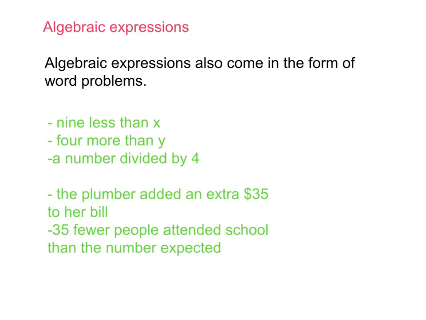I haven't been told which pronumeral to use, so since we're talking about attendance at school, I might use A. A minus 35 will get me the number of people who attended school, and it is a correct algebraic expression. And that's it, guys. That's the basics of algebraic expressions.